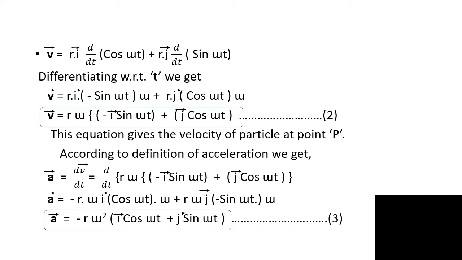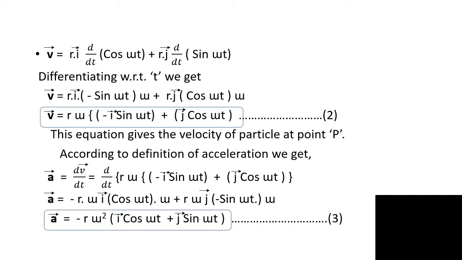So we split the vector on the right hand side into magnitude and direction. This equation gives the velocity of the particle at point P. According to the definition of acceleration, we have to find the acceleration introduced in a particle performing UCM due to its change in direction of motion.